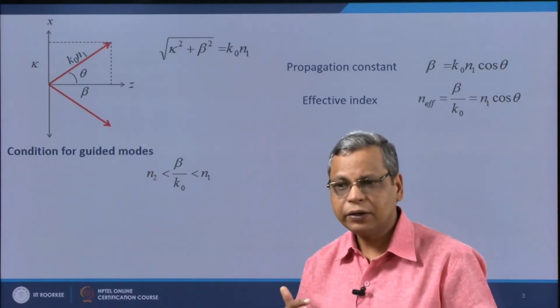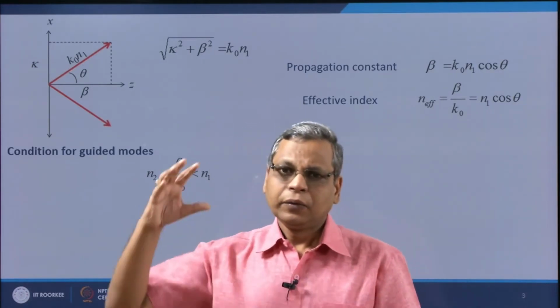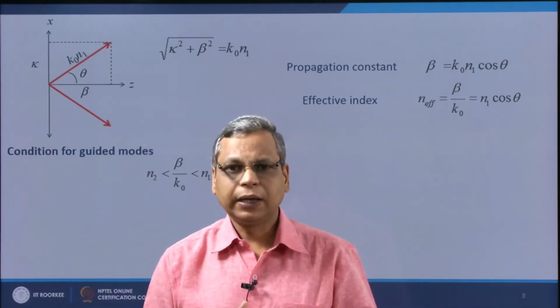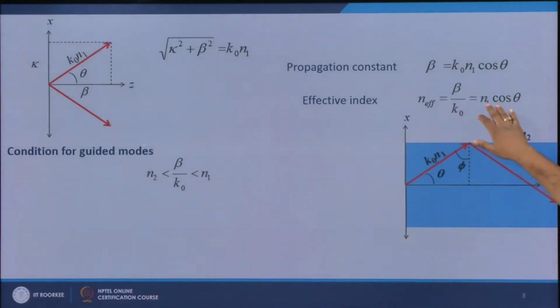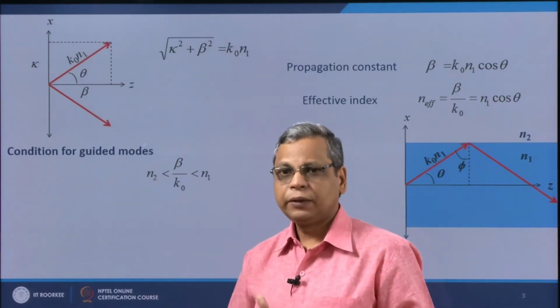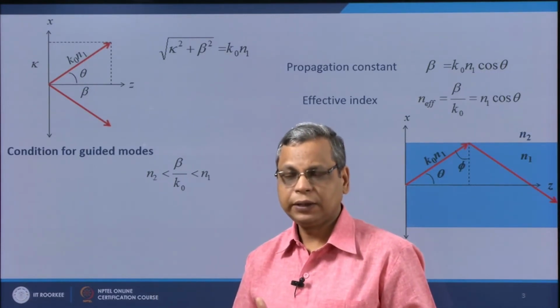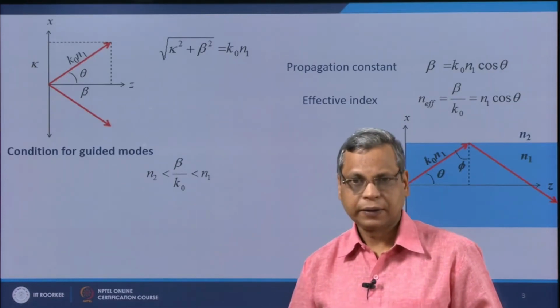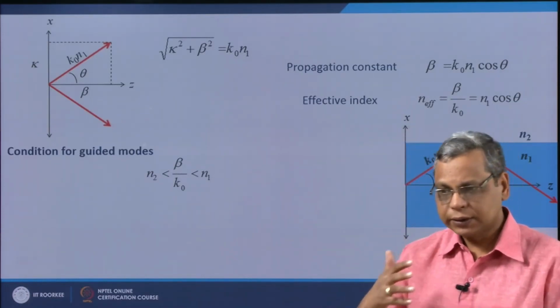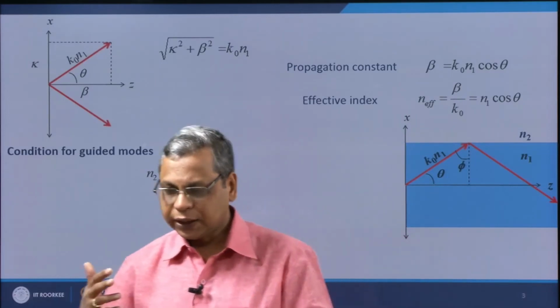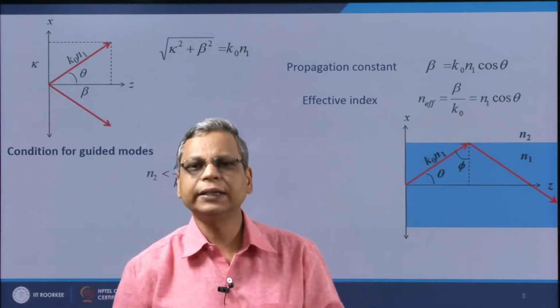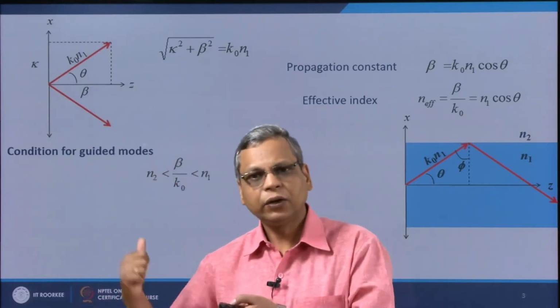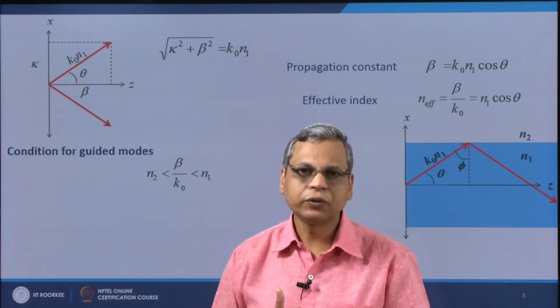Rigorously I cannot get it from the distribution of power in the n1 and n2 regions. So, this n effective is nothing but n1 cos theta. It is the component of the plane wave k naught n1 in the z direction. And viewing the effective index through the distribution of field into two regions is not rigorously correct, in the sense that I cannot get the effective index from that field distribution in that way.